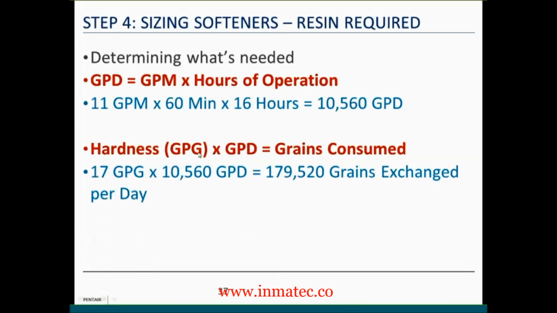Well, we take our hardness in grains per gallon and multiply that by gallons per day. And this will give us the grains consumed throughout that day. So at 17 grains per gallon, at 10,560 gallons per day, we need to be able to exchange off 179,520 grains per day.